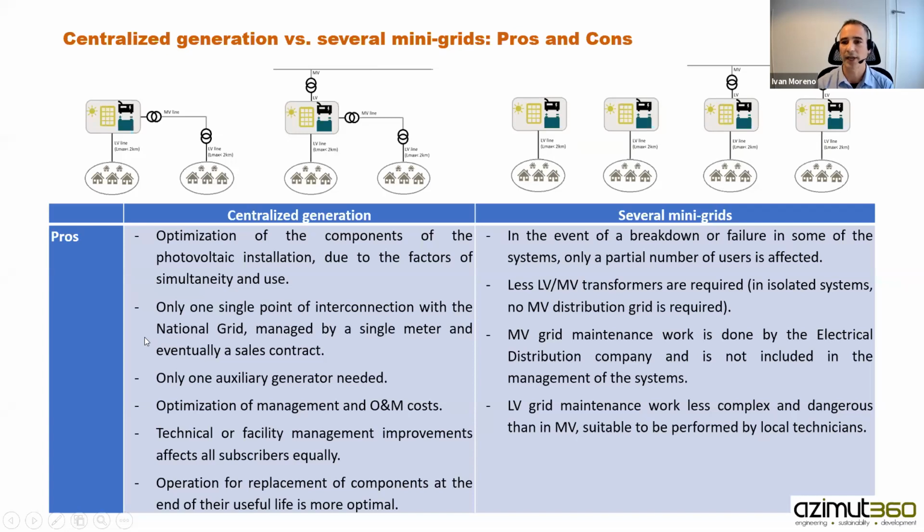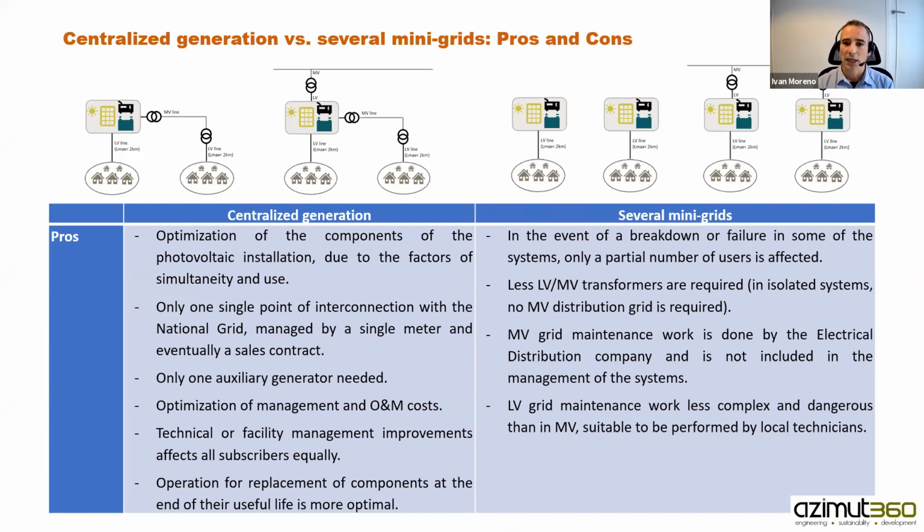It's easier to manage. Then we have only one single point of interconnection with the national grid, which is also a good point, managed by a single meter and eventually a sales contract. That is always easier than having several of those contracts and points of interconnection.